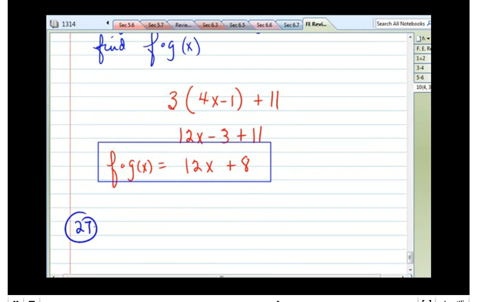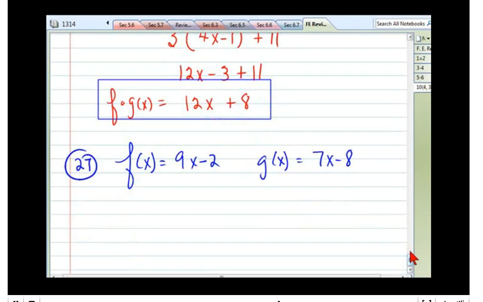All right, 27. Gives you two functions and says, what is f minus g? So f of x is 9x minus 2. G of x is 7x minus 8. And what is f minus g? That's literally just subtracting.